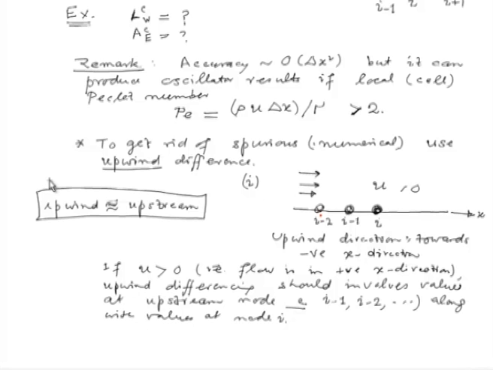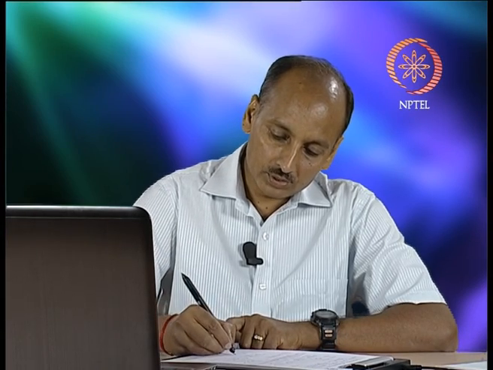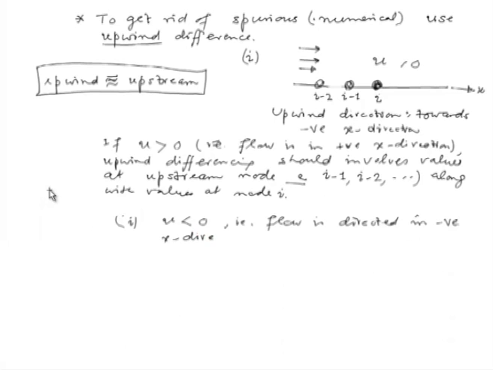Now there could be another possibility. The second case would be that u is less than 0, that is flow is directed in negative x direction. Now in this case, which ones will be our upwind nodes?